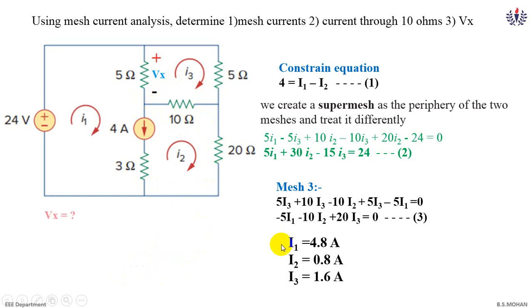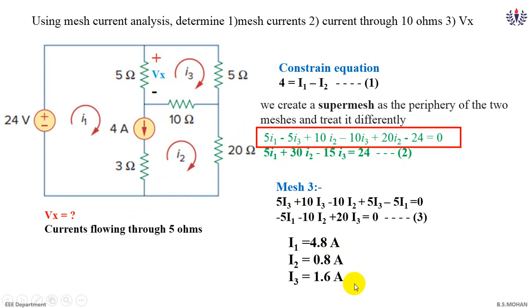Now let's find Vx. Where is Vx? Vx is across 5 ohm. And your answer for Vx is hidden in this equation. I'll leave you to inspect for the answer for Vx, but let me tell you the answer. Which all currents are flowing through 5 ohms? I1 is flowing from top to down and I3 is flowing from down to top.